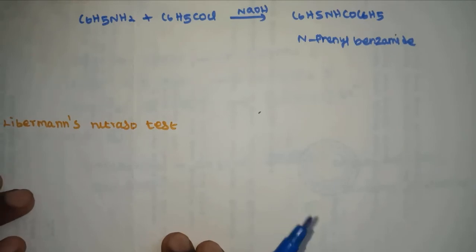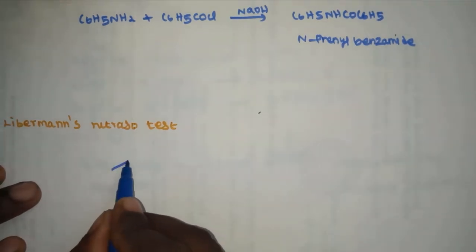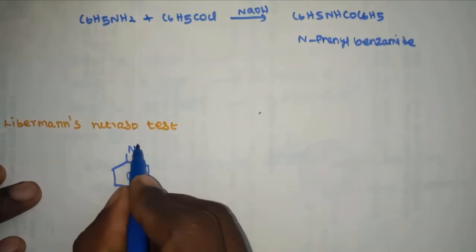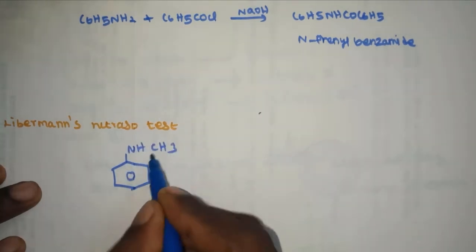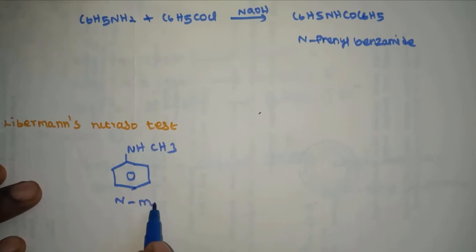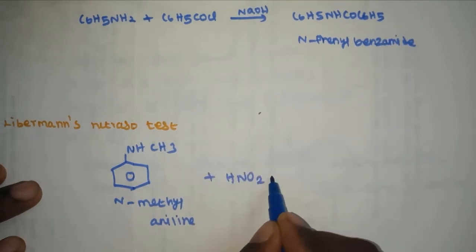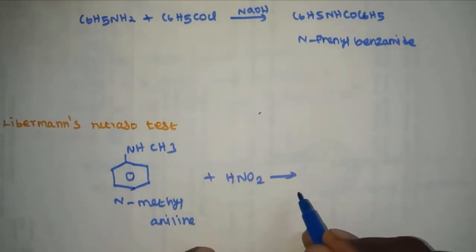Liebermann nitroso test. When N-methyl aniline reacts with nitrous acid, this is N-methyl aniline. It reacts with nitrous acid to form N-nitroso-methylphenylamine.